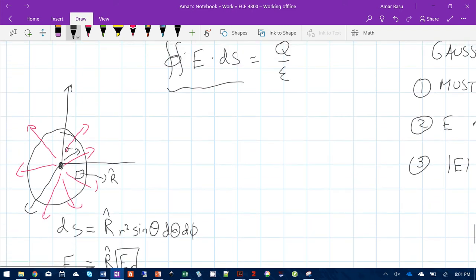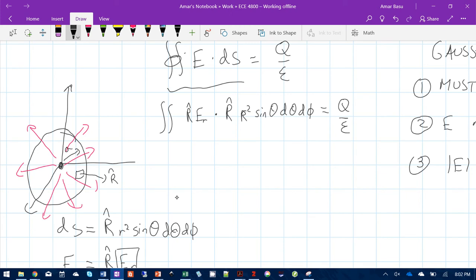All right, so we take the double integral on the surface of the sphere of E dot dS: r hat times E sub r, dotted with r hat r squared sine theta d theta d phi, and this is equal to q over epsilon.